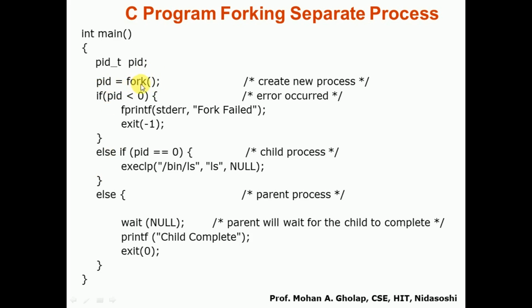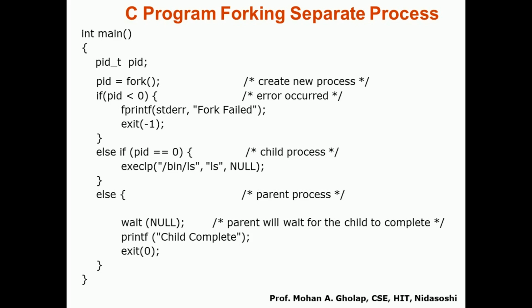Whenever you call fork, it is called once, but it is going to return twice. Remember this. Although fork is called once, it returns twice. It returns some value to the child process, and it returns some value to the parent process. In the parent process, it will return the PID of the child process, and in the child process it will return the value 0.